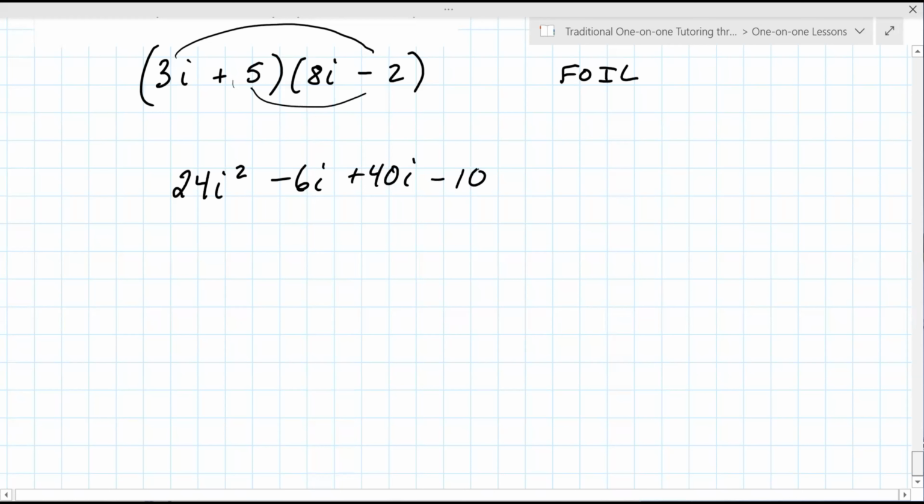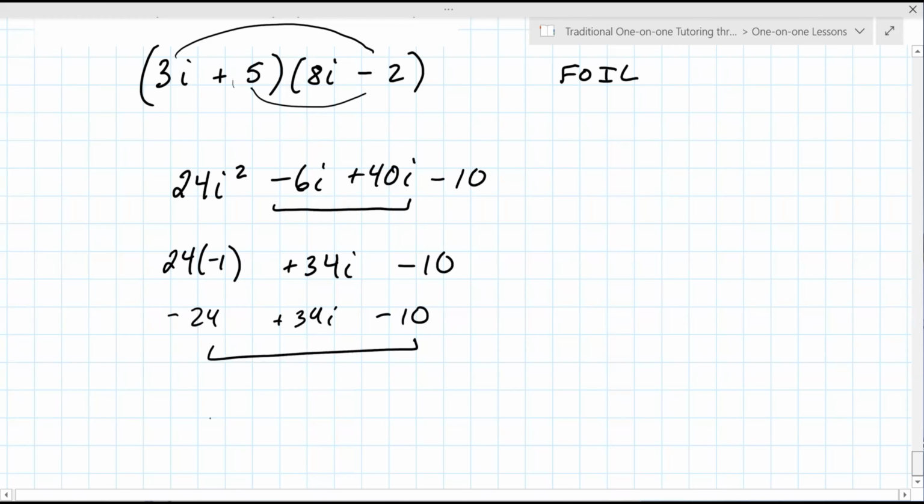Okay, so now i squared is negative 1. It's 24 times negative 1. These right here make plus 34i minus 10. And this right here becomes minus 24. And so these combine, you get minus 34 plus 34i.